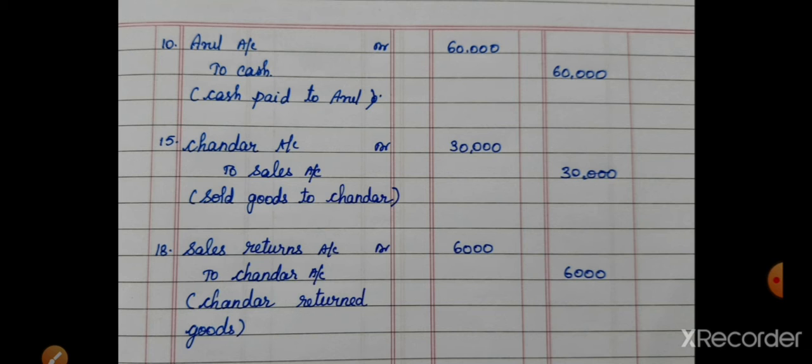Cash paid to Arul. Date 15. Chandar's account debtor to sales account. Sold goods to Chandar 30,000. Then 18th transaction. Sales returns account debtor to Chandar. Amount 6,000.